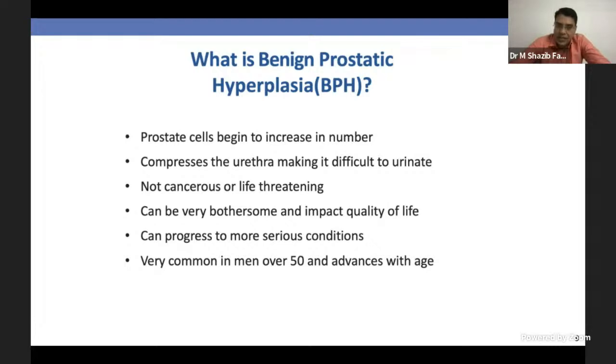It is not a cancerous condition because it is benign. Yet the patient can have bothersome symptoms which can affect the quality of life. It can progress to more serious conditions, also known as complications associated with benign prostatic hyperplasia, and as already discussed, it is common in patients over the age of 50 years.